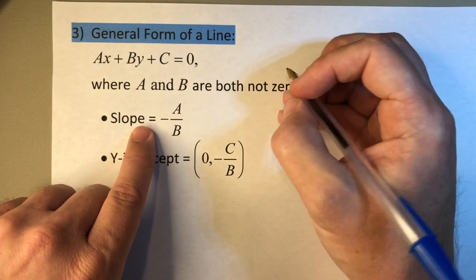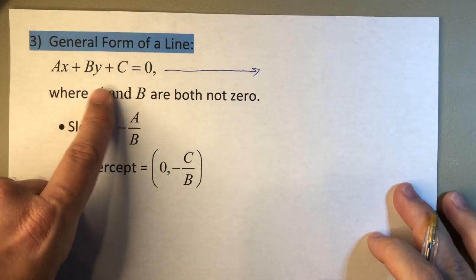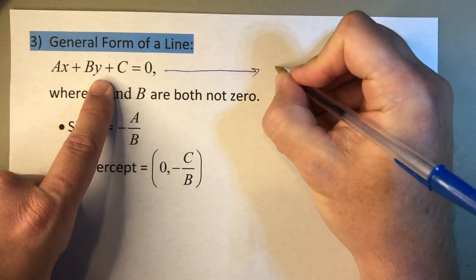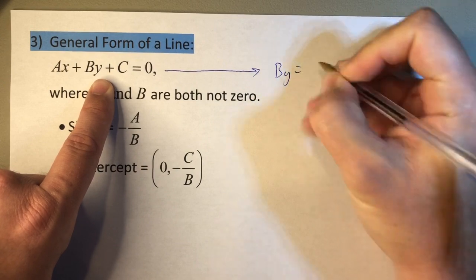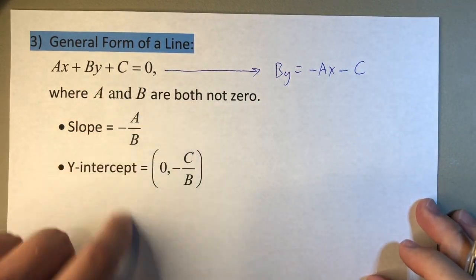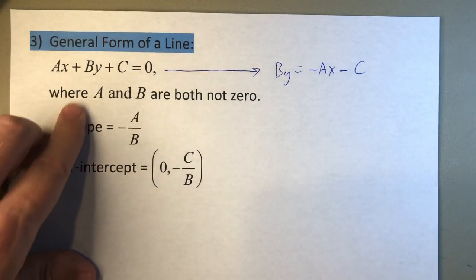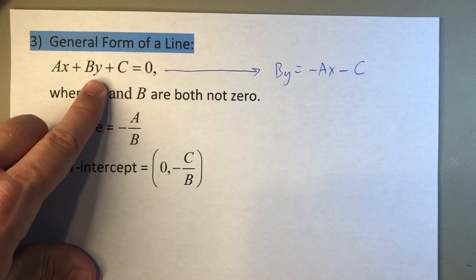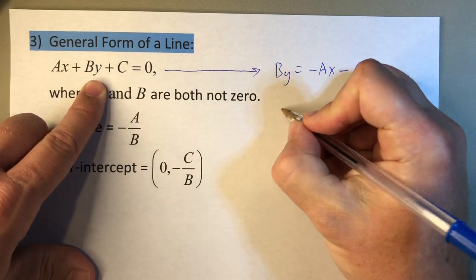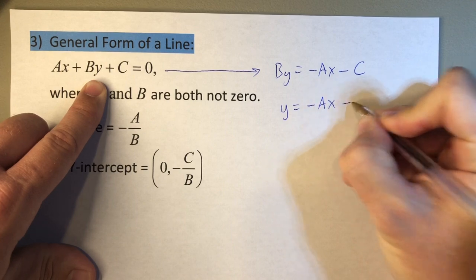Why is that? Well, if you look at this equation, couldn't you subtract ax from both sides and subtract c from both sides? This is something we did in chapter 1 when we had to solve for a variable. And right now I'm solving for y. So at this point, I would divide everything by b.